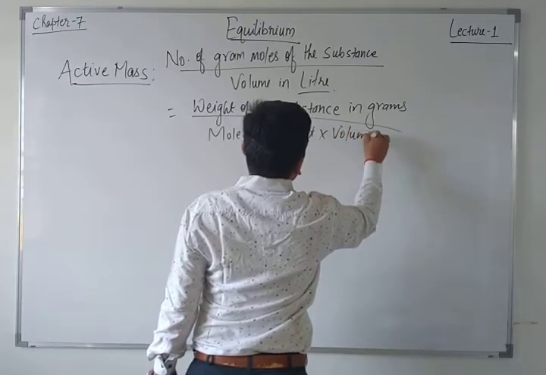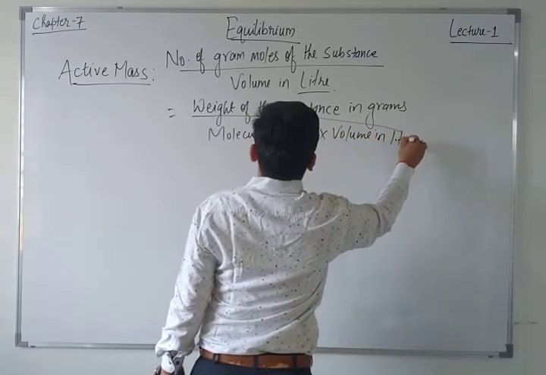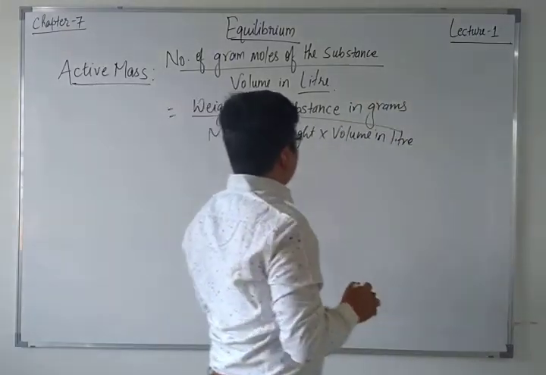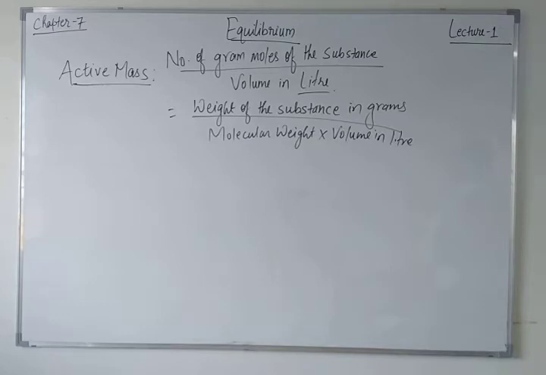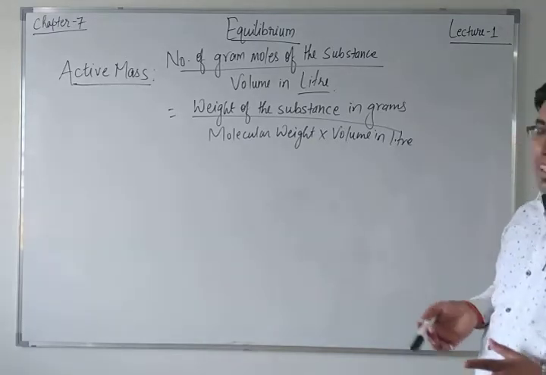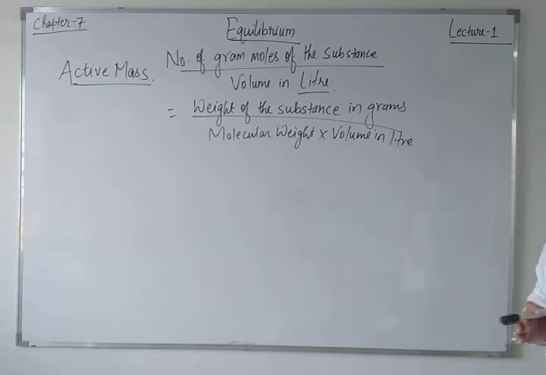So you have understood that the number of gram moles of substance is the weight of the substance in gram by molecular weight. If the volume is given in milliliter, then no need to worry, you can definitely convert.